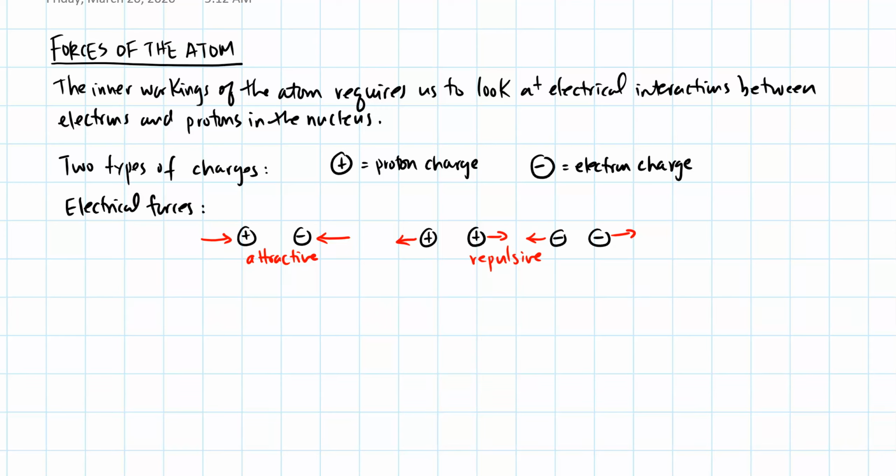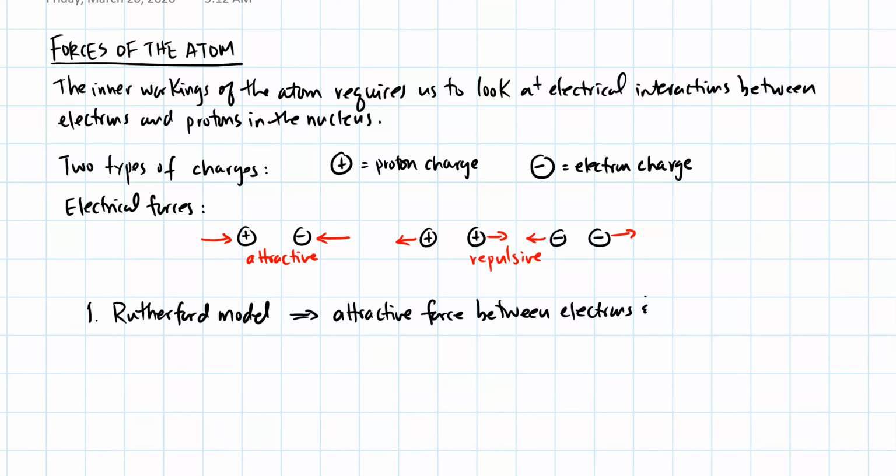So to look at the inner workings of the atom, we essentially need to talk about two things. First of all, we need to talk about the Rutherford model of the atom, and what that tells us about the attractive force between electrons and the nucleus.